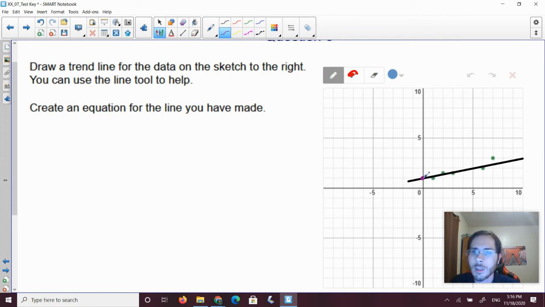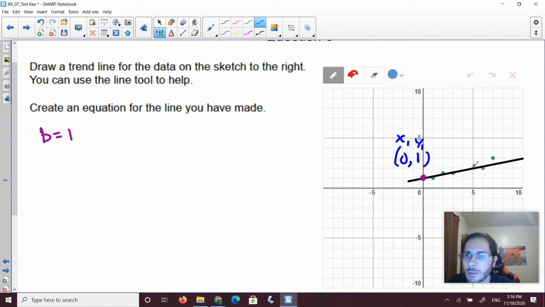The next part says to create an equation. Looks like I'm doing pretty well because my y-intercept is already at 1, because that point is at 0, 1, which is also going to be my x1 and my y1. I want to look at the black line that I drew and see if I can find another point somewhere where I'm also on the grid.